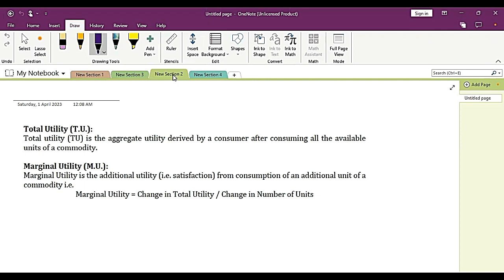Today we are presenting the next class of chapter number 4 that relates to consumer equilibrium.